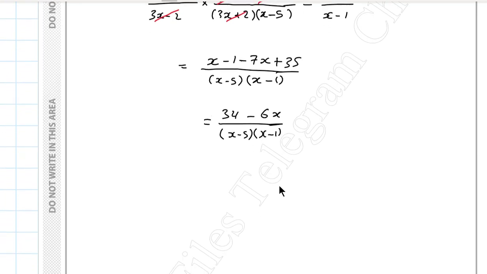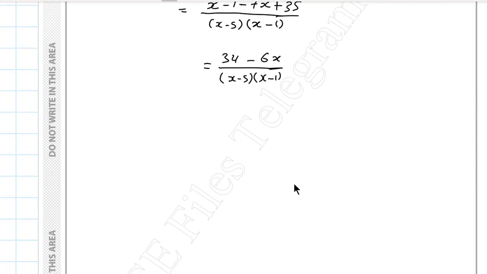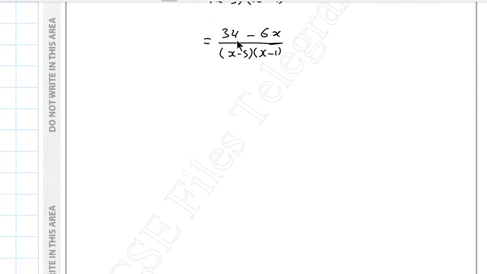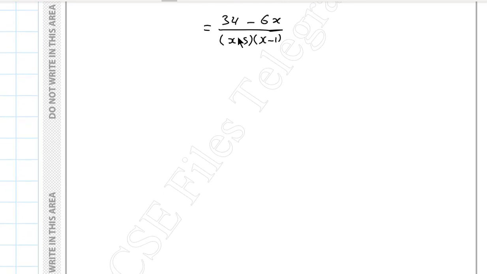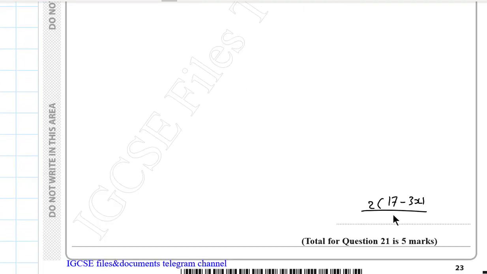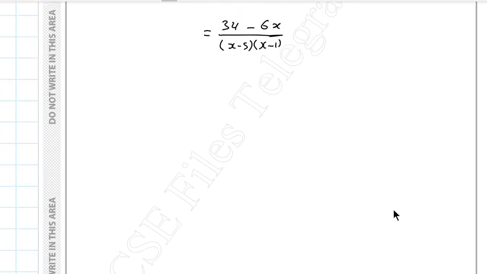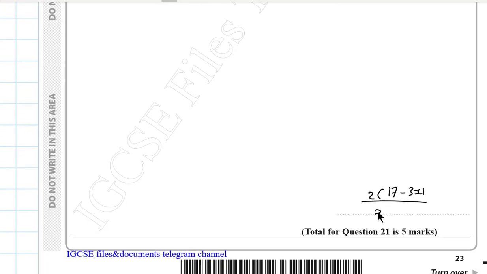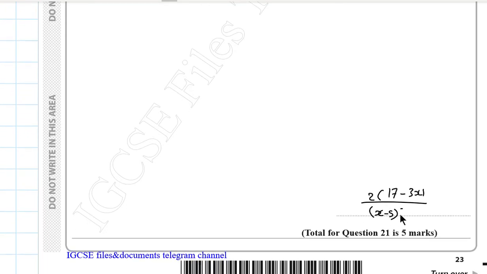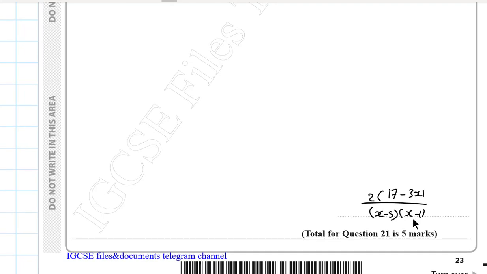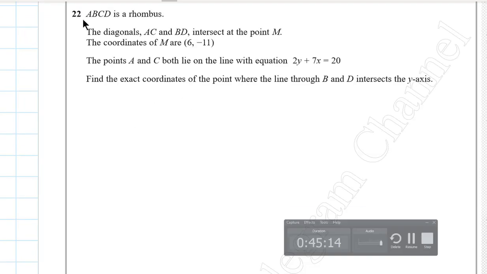We don't need to expand the denominator. So our answer should be, we can take 2 as a common factor here, 2 times 17 minus 3x, divided by x minus 5 multiplied by x minus 1.